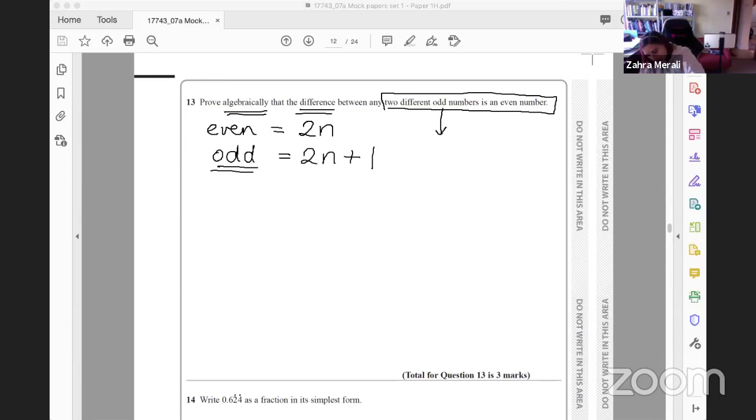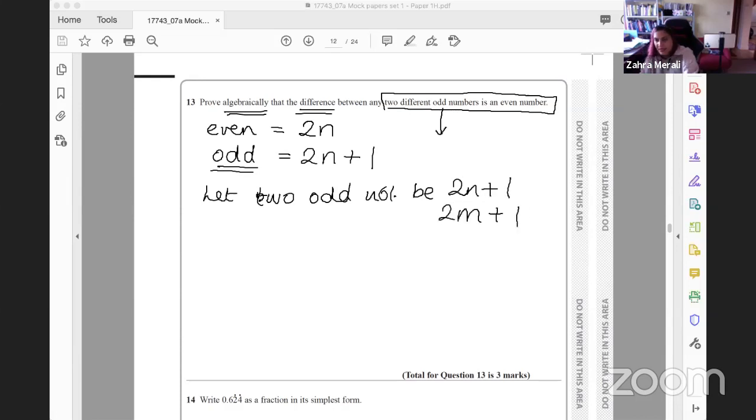So I'm going to have my let 2 odd numbers be. Now, what are they going to be? Be 2n plus 1, and let's say 2m plus 1. And what we want to do is we want the difference between them. So that means we're going to take them away. 2m plus 1 minus 2n plus 1. And when we take them away, we're going to get 2m plus 1 minus 1 minus 2n.